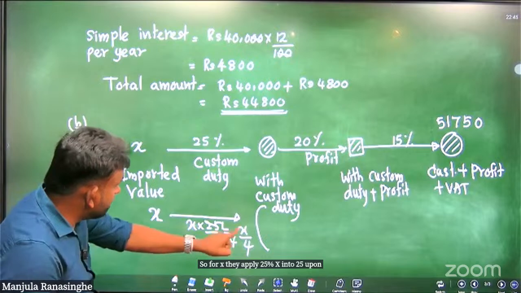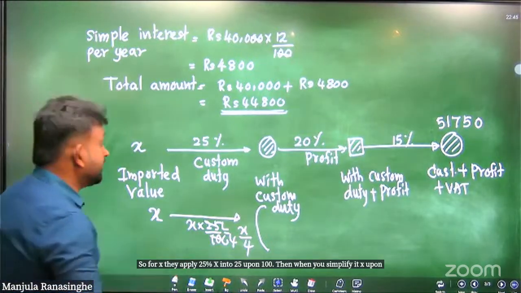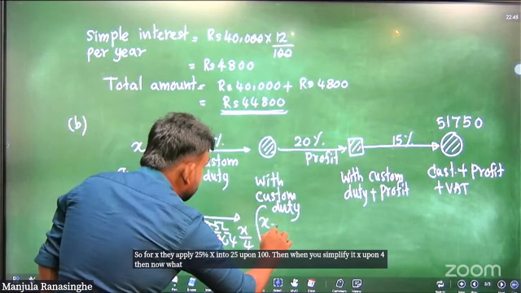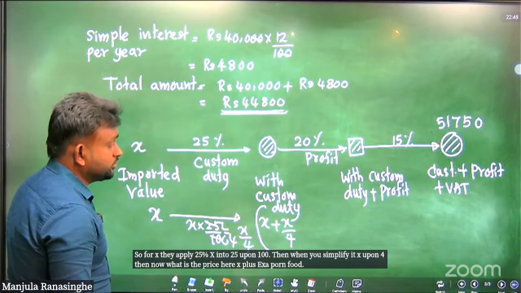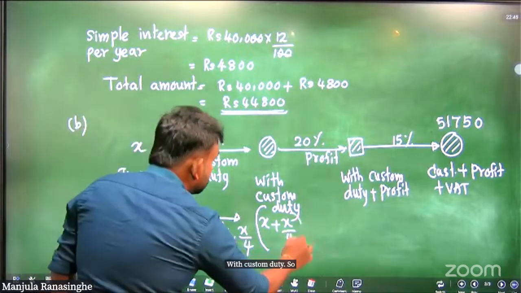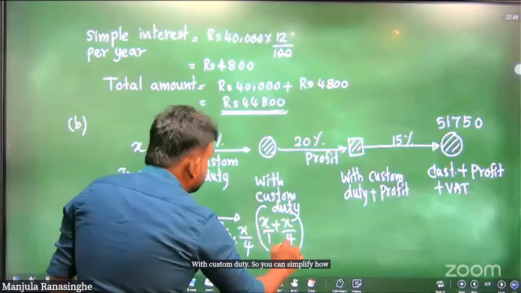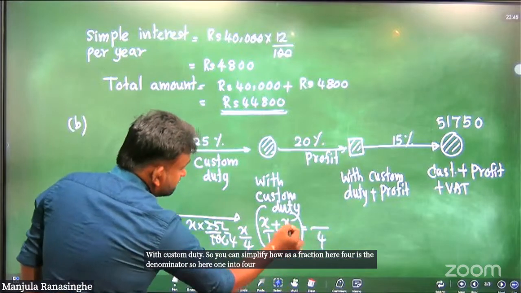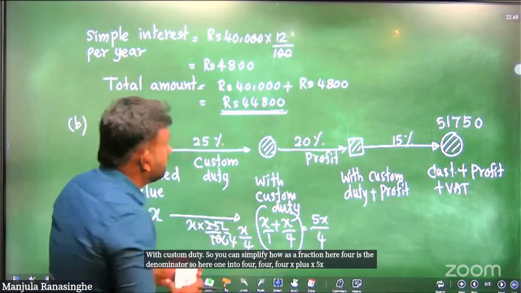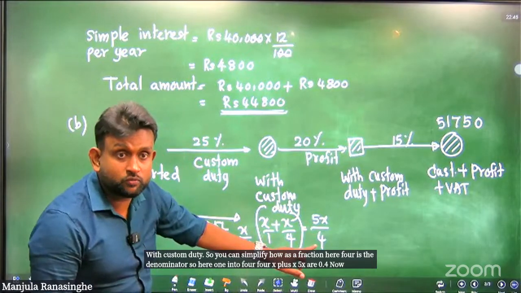Then when you simplify it, X upon 4. Now what is the price here? X plus X upon 4 with custom duty. So you can simplify it as a fraction. Here 4 is the denominator. So 1 into 4, 4x plus x, 5x upon 4. Now here we have 5x upon 4 as the price.